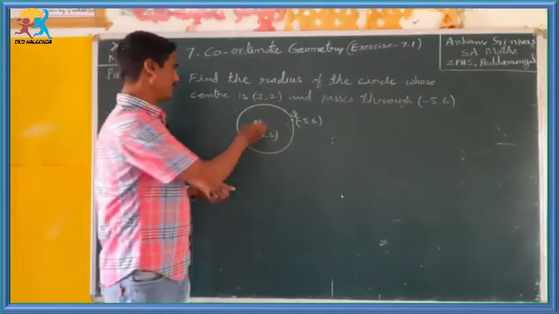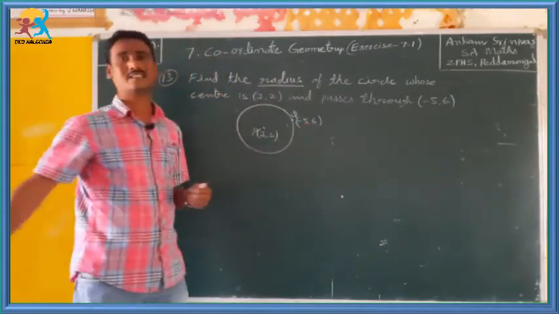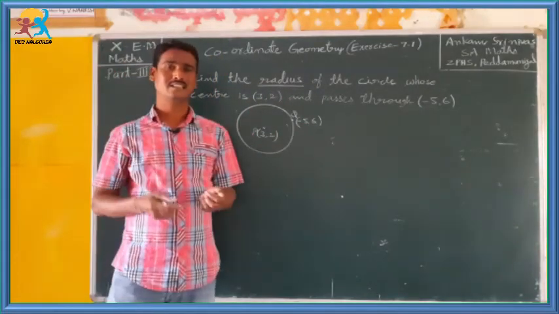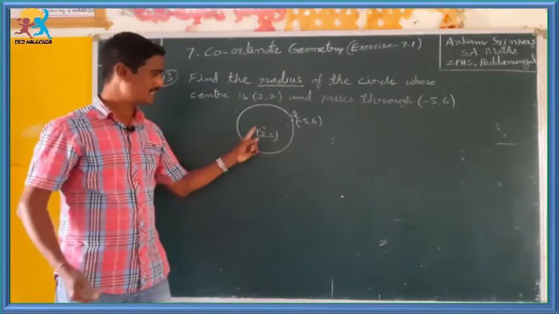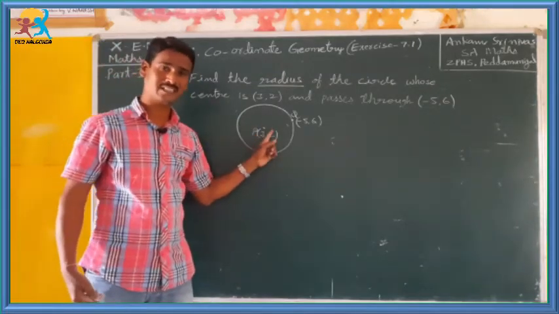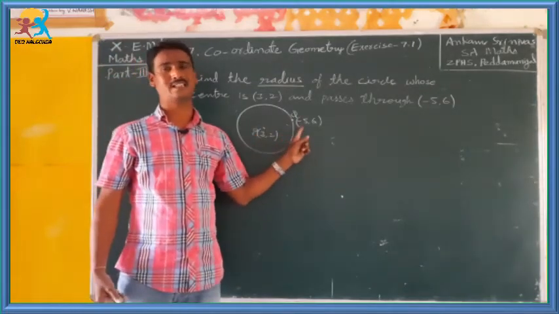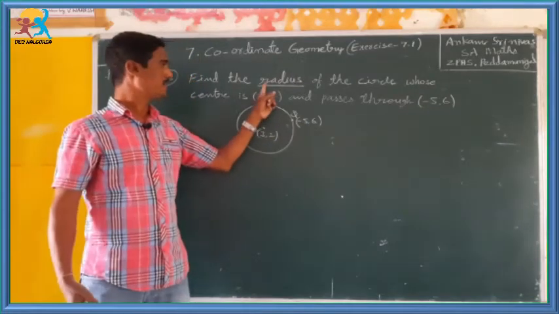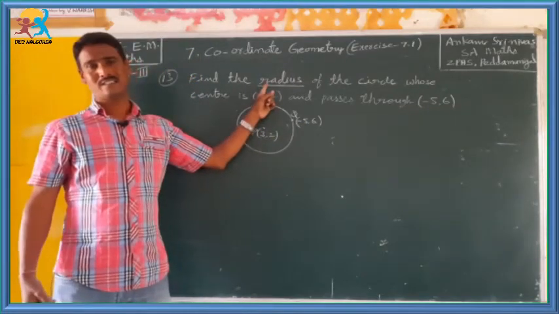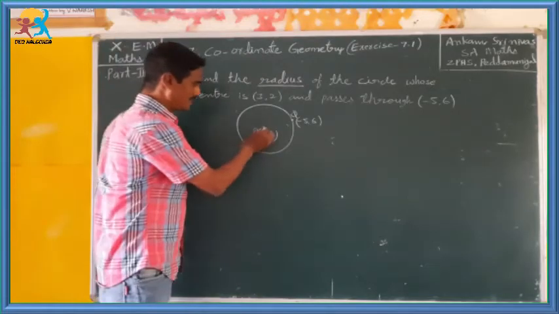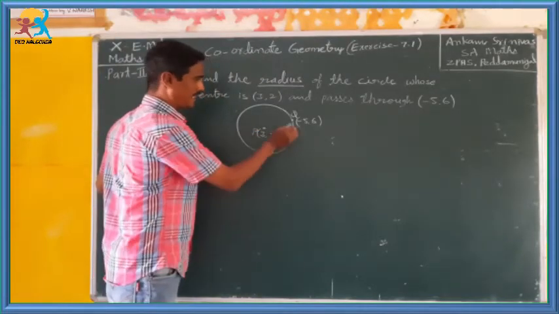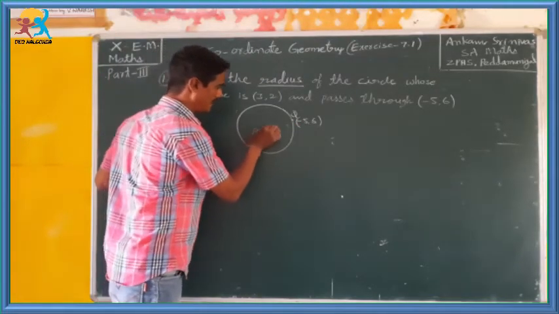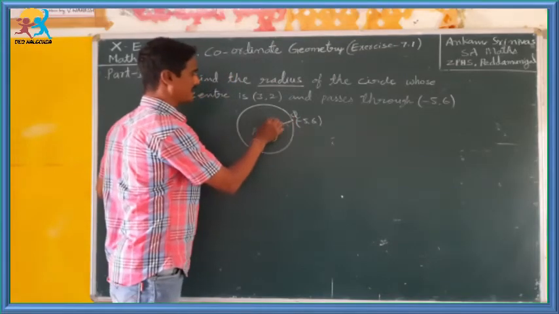How to find the radius? What is the meaning of radius? The distance between the center of the circle and a point on the circle is the radius.